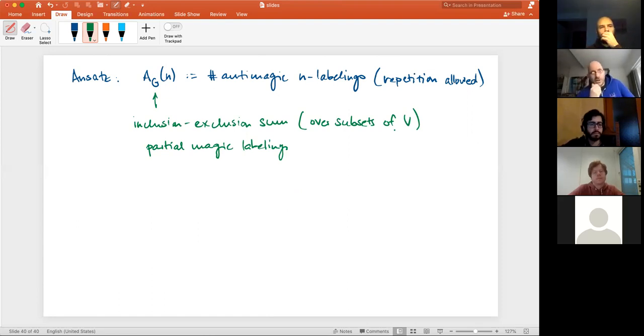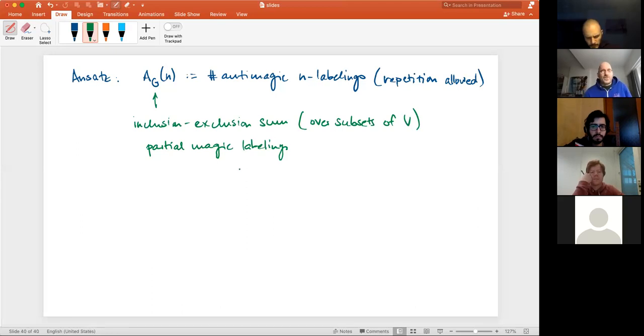I would call this a partial magic labeling, because there are these two nodes in the graph where I demand that the sums of the labels around the edges are equal. And so I'm going to subtract all of these and I have to include back all partial magic labelings where the sums at 3 vertices are the same, and so on.